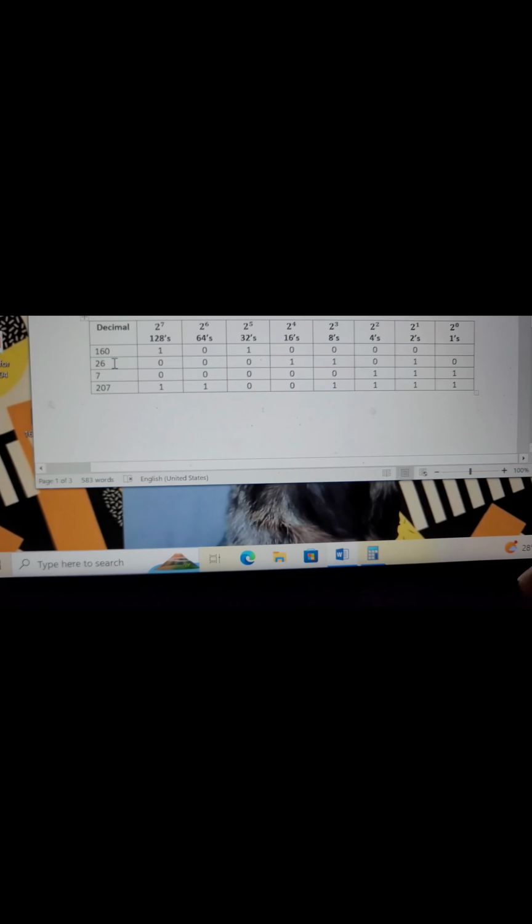So, if we will convert these binary numbers to decimal, it will be 207.7.26.160.